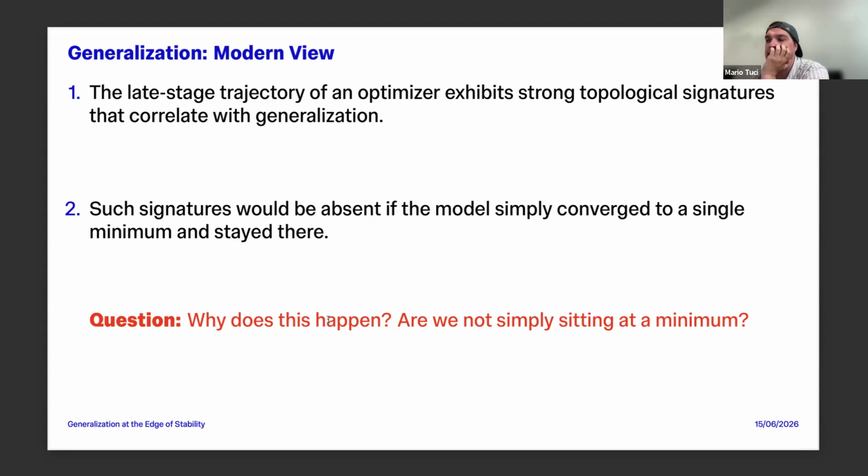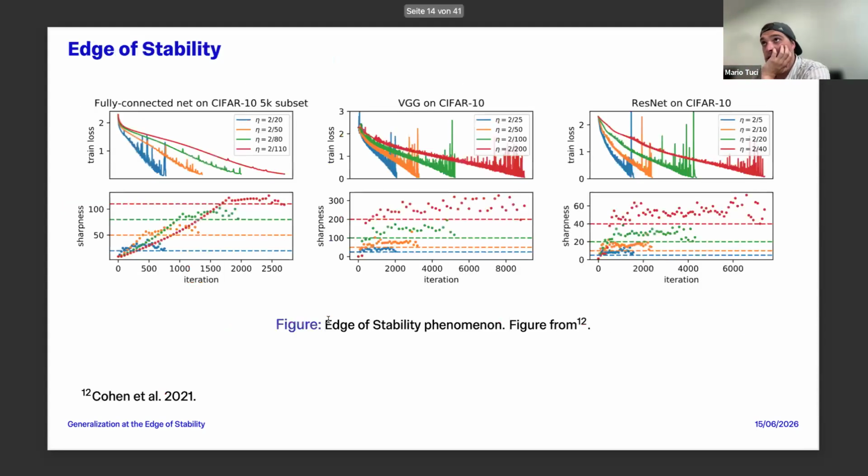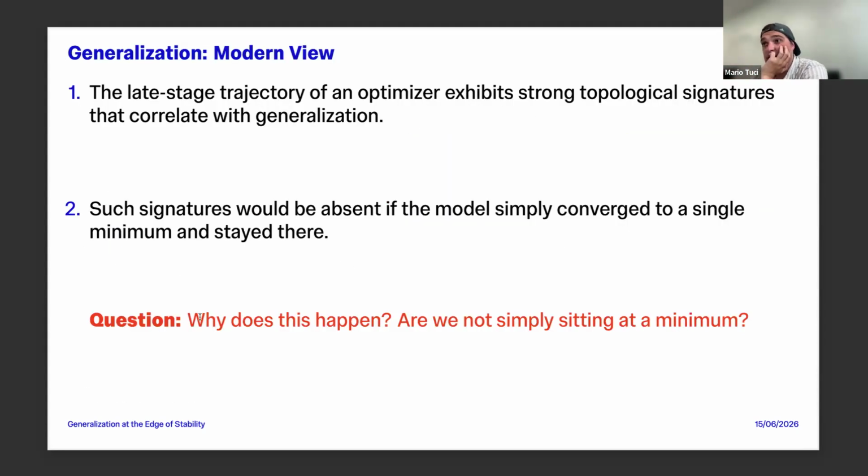Why does this late stage of training, when we go through the weight space, become topologically meaningful? Are we not simply sitting in a minimum, where we shouldn't observe any topological structure anymore because we are basically in a fixed point? So to explain, this is a central question. We go to a different line of research, which is called the edge of stability.